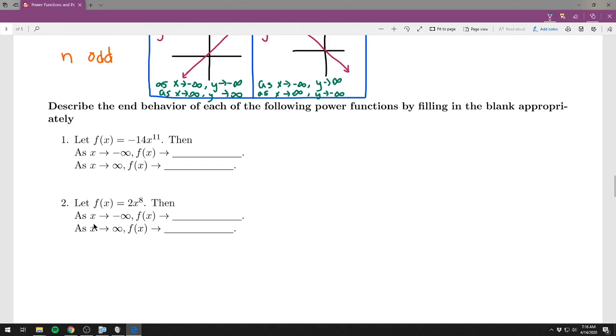The number one, let f of x equal -14x to the 11th power. And we want to know what happens as we go to the left, as x goes to -infinity. And as we go to the right, as x goes to +infinity. And you can do this one of two ways.